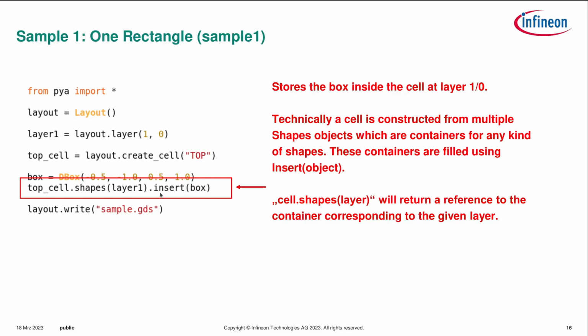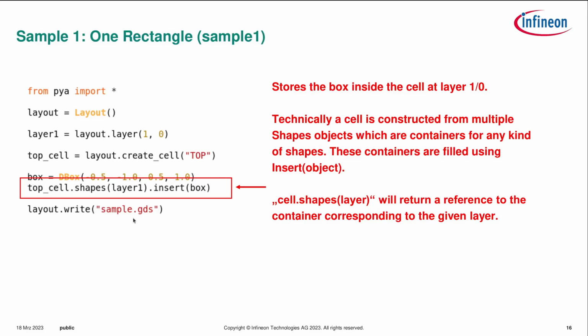And after inserting, the box is essentially detached. So what it does, it will insert the box into the cell and keep an internal copy. So when I modify the box later on, this will not have any effect on the box being stored inside the layout. So after this operation, I can essentially discard the box object.